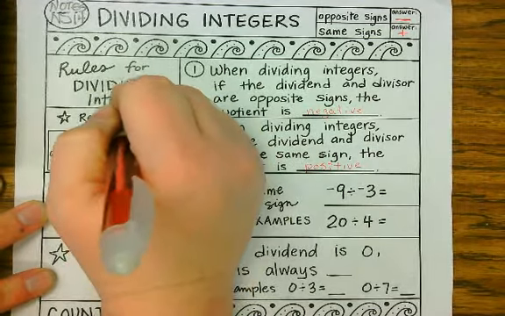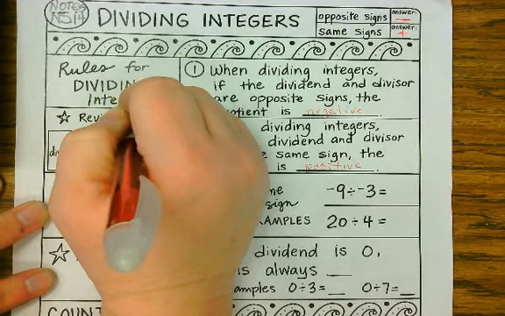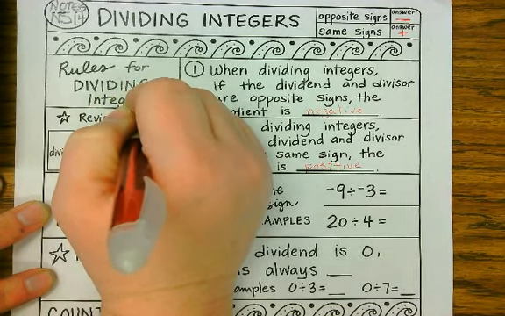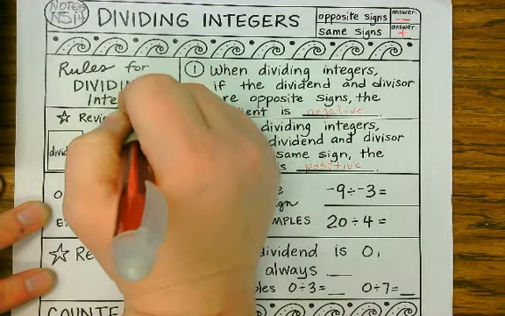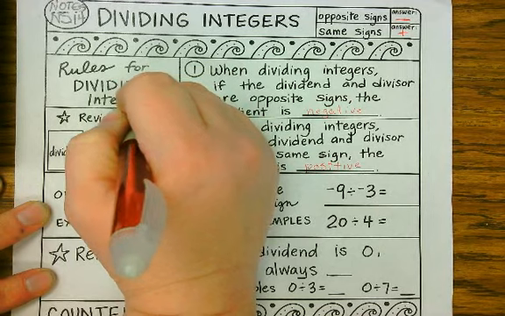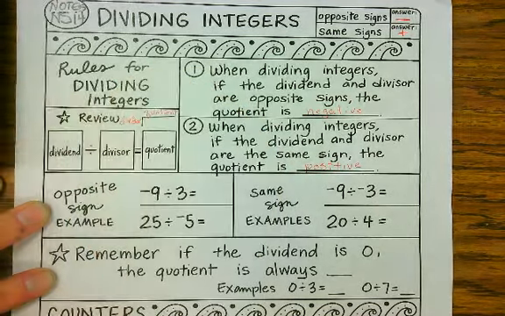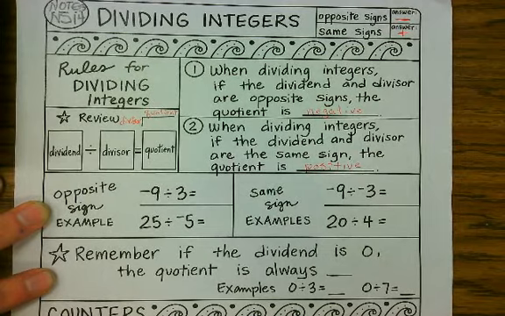So we put our divisor here. Sorry, I'm trying to write really small, and I know it's hard to see. Can you guys see that? D-I-V-I-S-O-R.